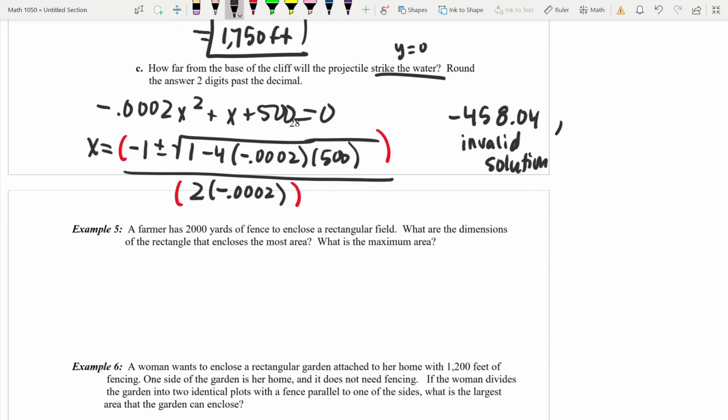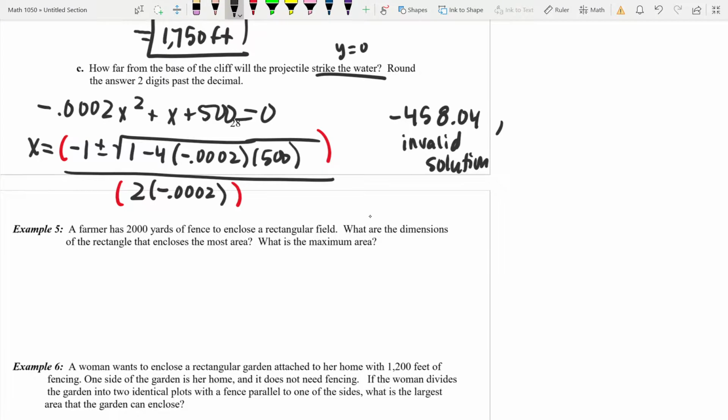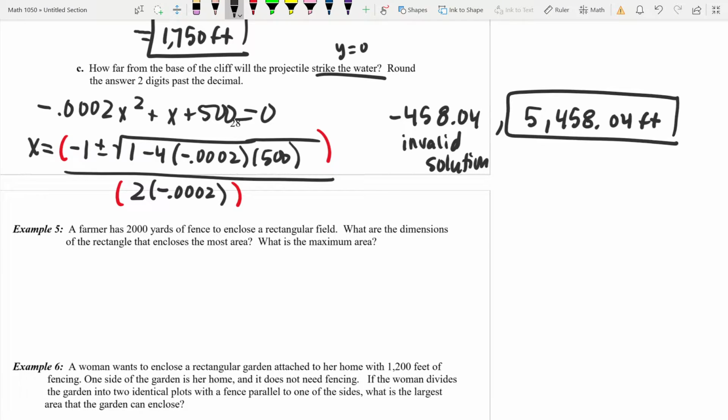You must write the number down, okay? Now stick with me. Everybody go up. Make the plus a minus, hit enter, do not clear your calculator. So it is 5,458.04, and this is in feet.